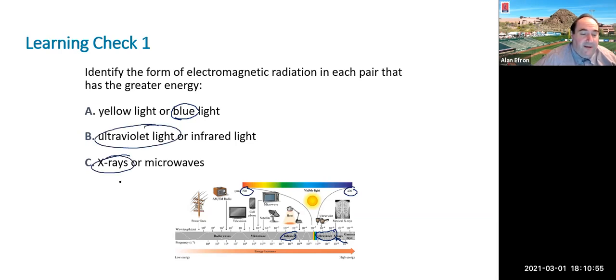And then X-rays obviously does. We can look at the chart, but just from normal practice, usually, right? Our microwave versus our X-rays, we don't usually put a lead vest on when we're microwaving. Maybe we should, but we don't. And our X-rays, we definitely do. So X-rays, again, being shorter. So again, that relationship: shorter wavelength, higher frequency, higher energy.